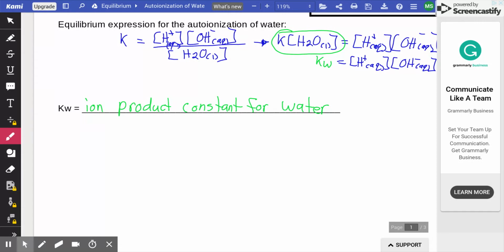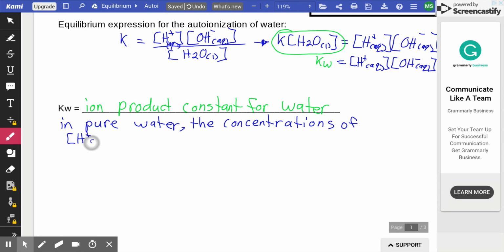So we can mathematically determine our ion product constant for water because we know that in pure water, the concentrations of the hydrogen ion and the hydroxide ion are equal.